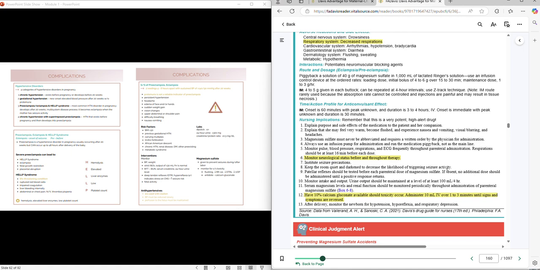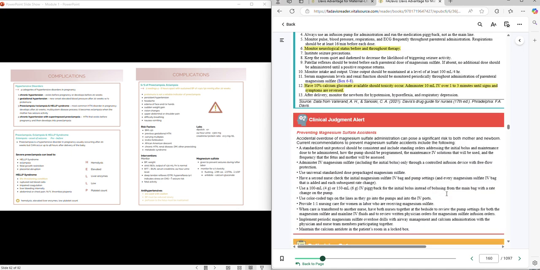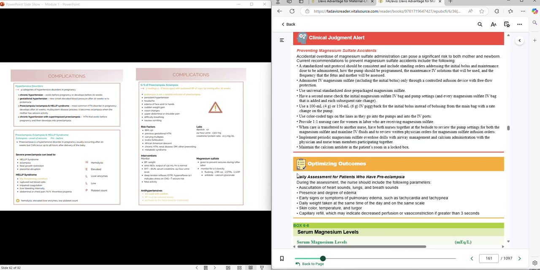He's going to order a stat mag sulfate level, and probably tell you to give some calcium gluconate. It's very important that you have that on your person anytime you have somebody on mag sulfate.